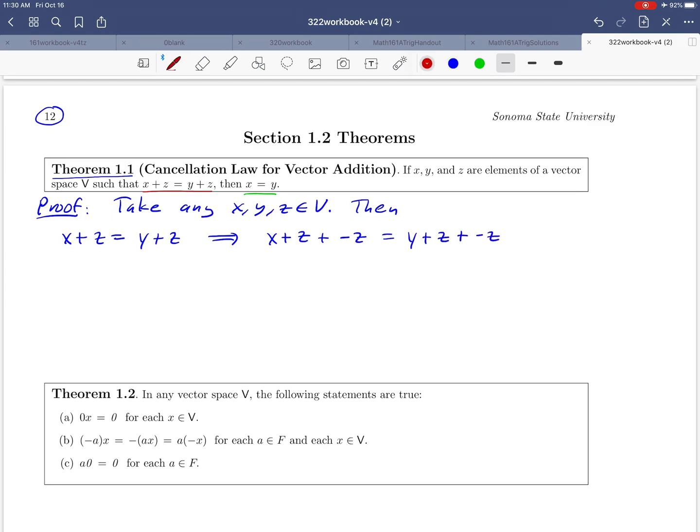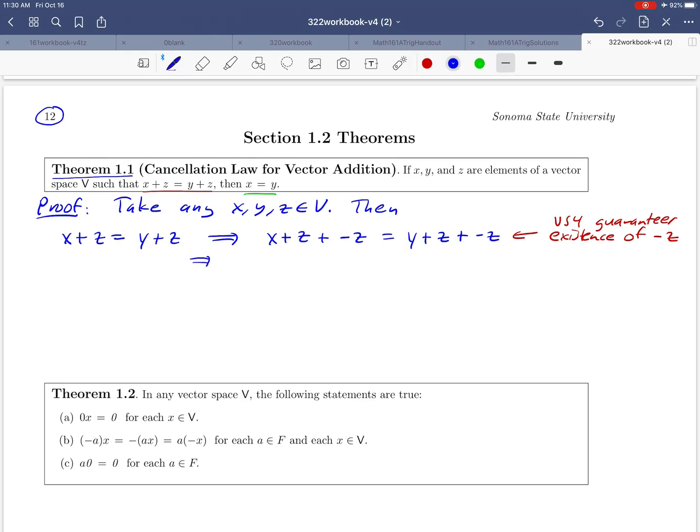Okay, that's valid because VS4 guarantees the existence of negative z. So it makes sense to introduce that vector into our equation.